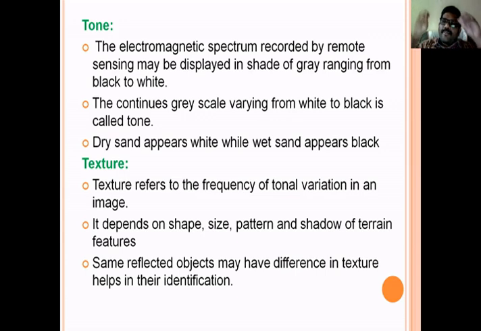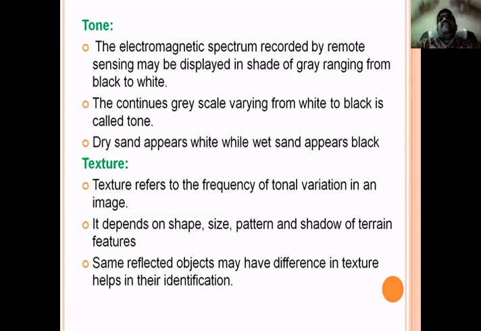If the object, how the tone is also one of the parameters, and what is the example? Suppose the sensor recorded the image of sand, or an image of a desert where there is a large quantity of sandy soils. If the sand is wet, it gives a dark color. If the sand is dry, it gives a light color.